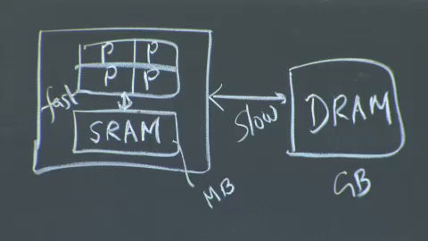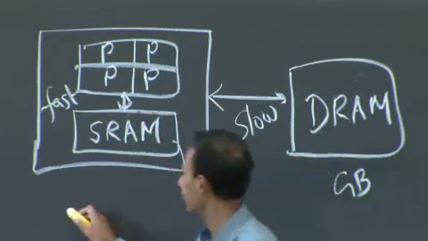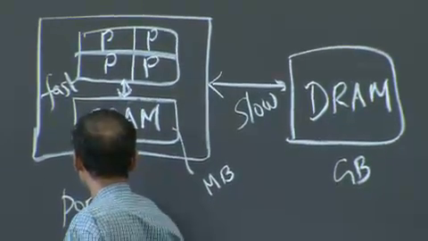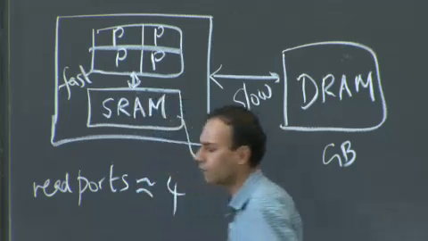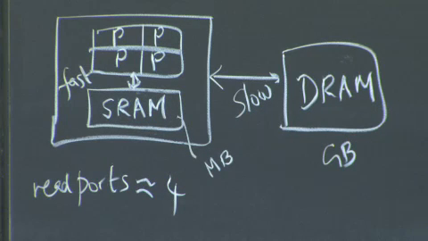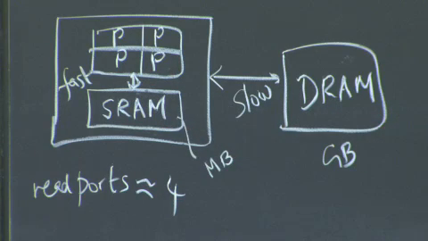If you try and make a large SRAM, which is megabytes long, the number of read ports in the SRAM is roughly of the order of 4. And after that, it's kind of hard to build. Right? So this architecture isn't going to be sustainable beyond 4, 8, maybe 16 cores.